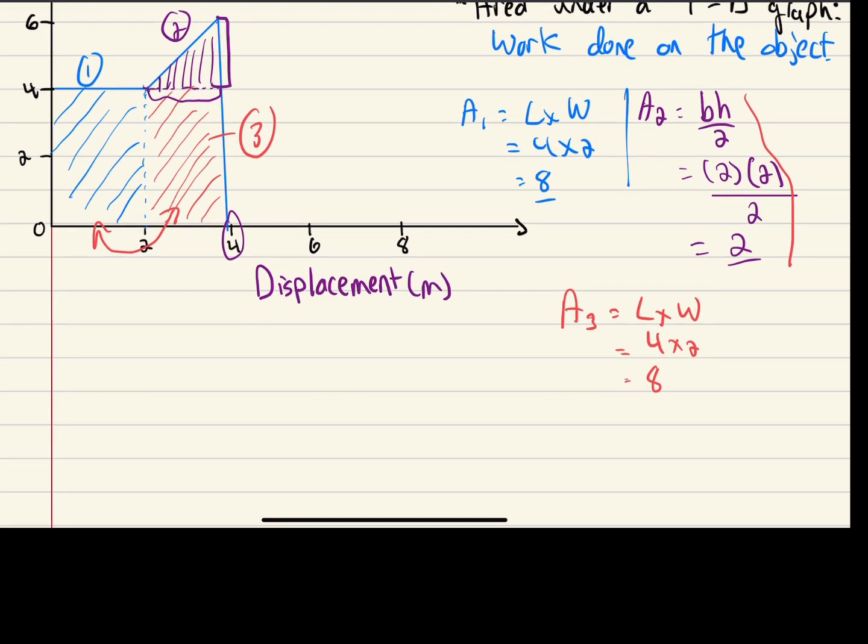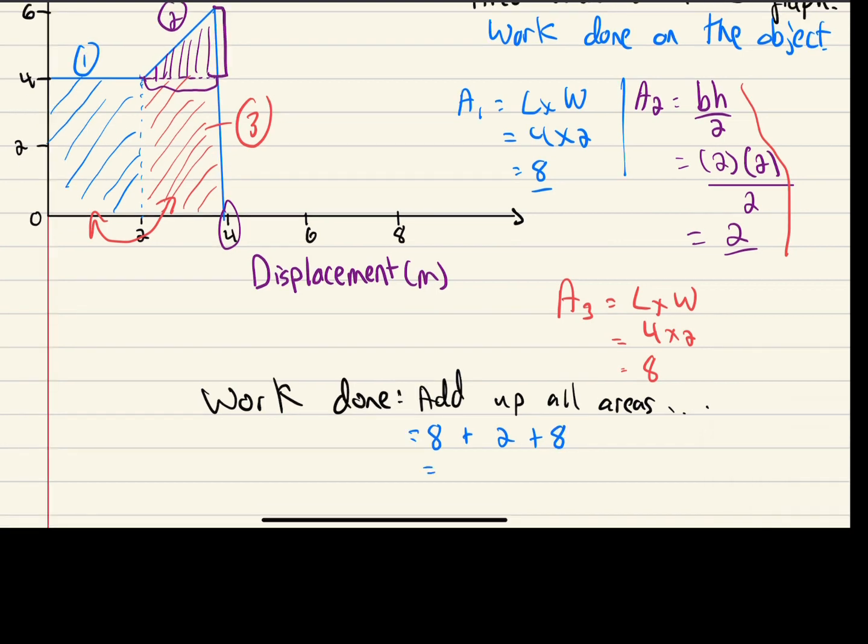So for the work done on the object, we just add up all the areas. And so that'll just be 8 plus 2 plus 8, and that gives us a total of 18 joules for the work done on the object.